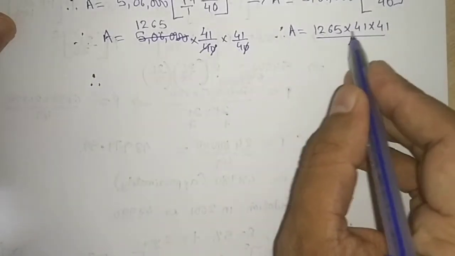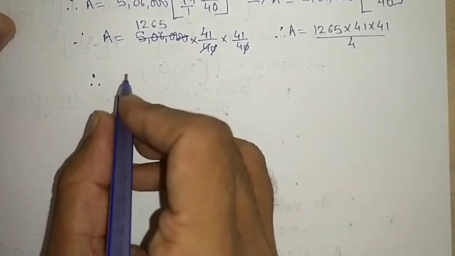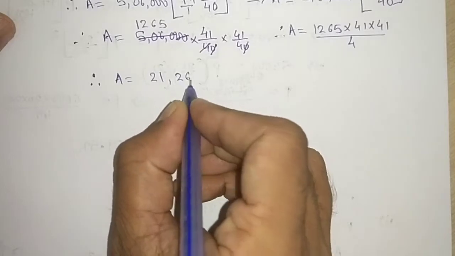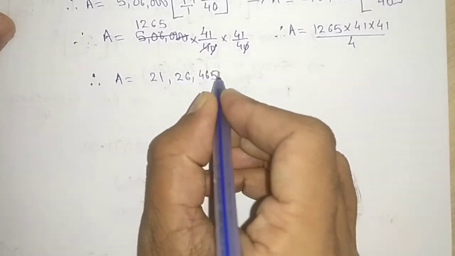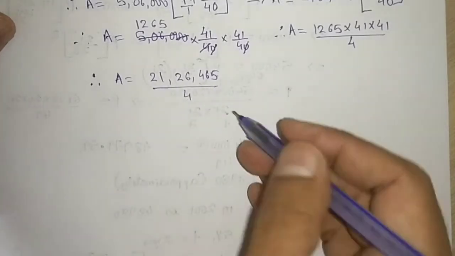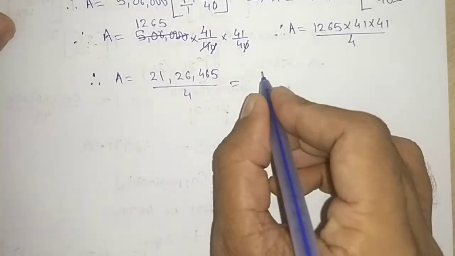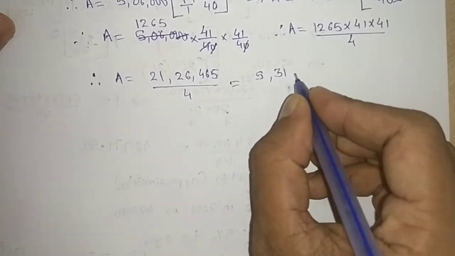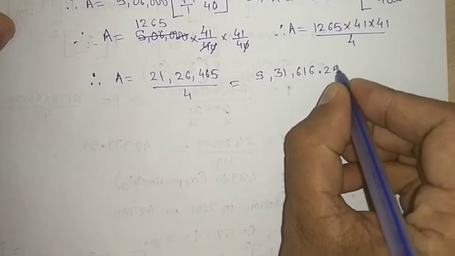On multiplying the numerator, you will get amount is equal to 21,26,465 divided by 4. And when you divide it further, you will get the amount as 5,31,616.25.